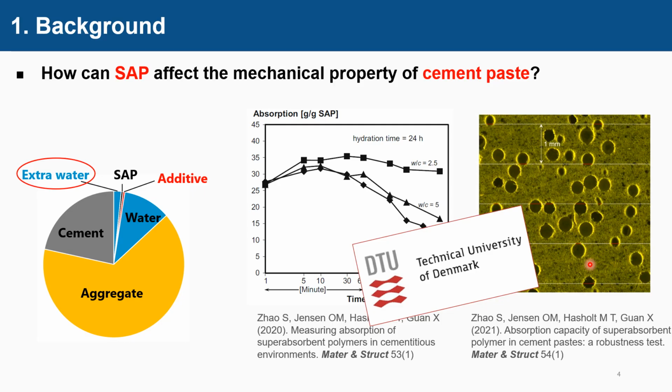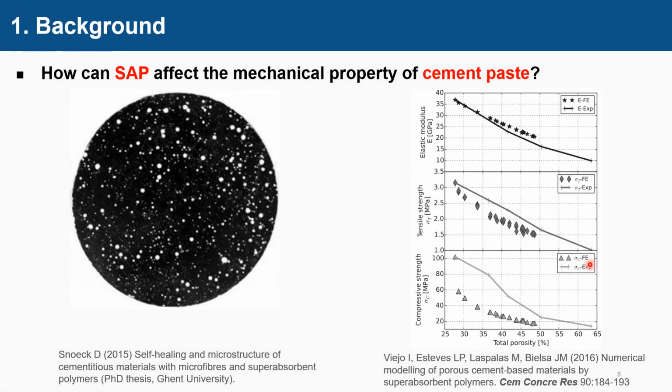I'm indebted to them. When we have carefully controlled the amount of extra water, does SAP concrete have a strength or Young's modulus as good as a concrete without SAP? Well, there are at least two other factors. First, the SAP voids have a negative effect. The larger the void content, the worse the mechanical properties.